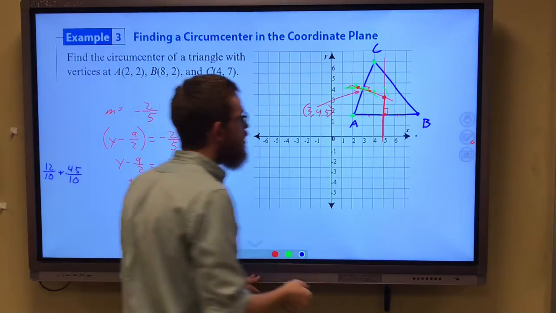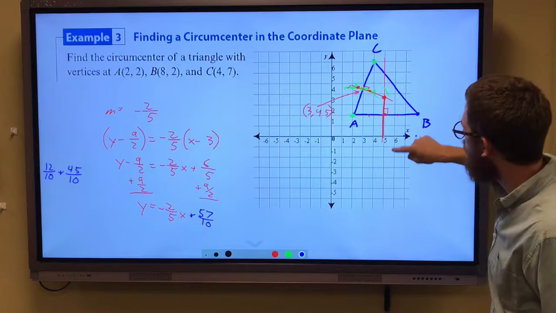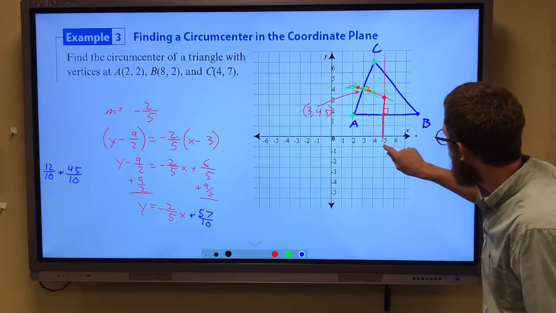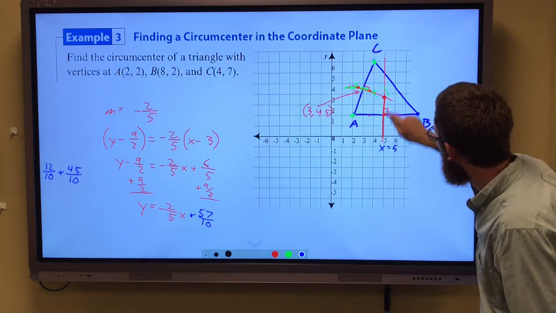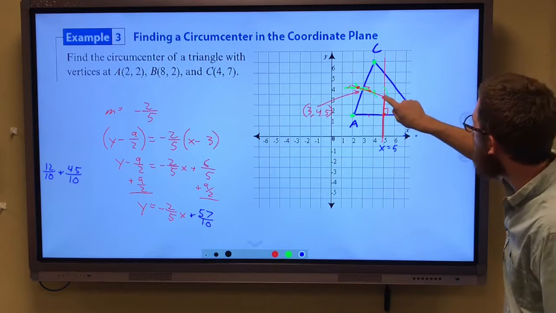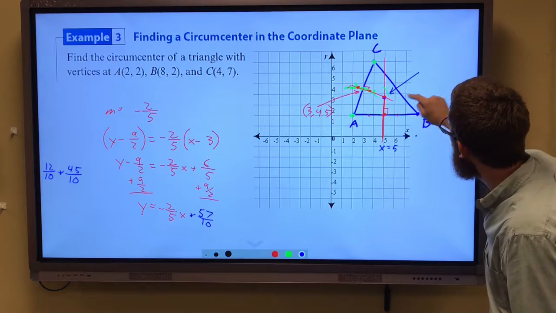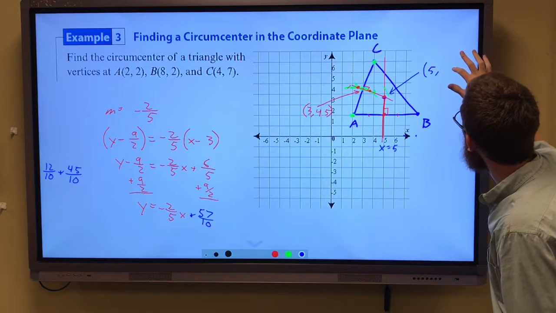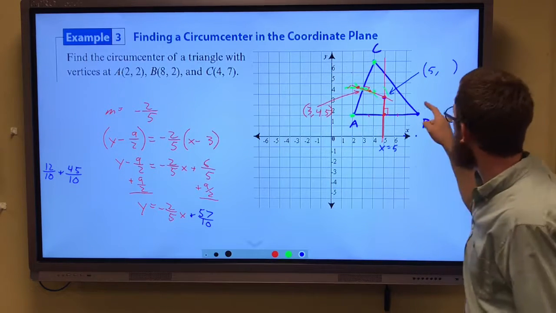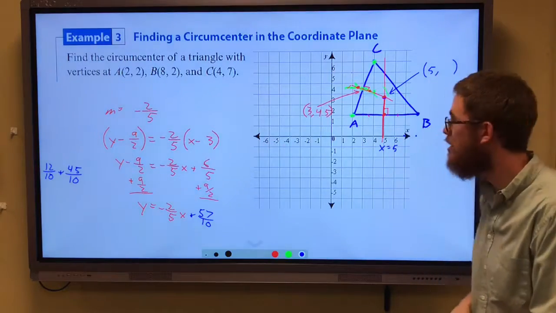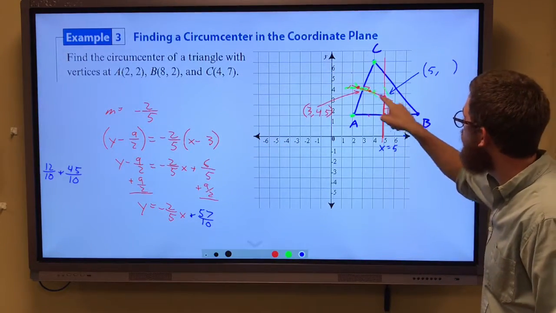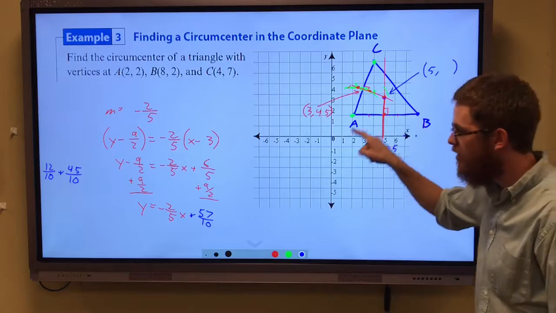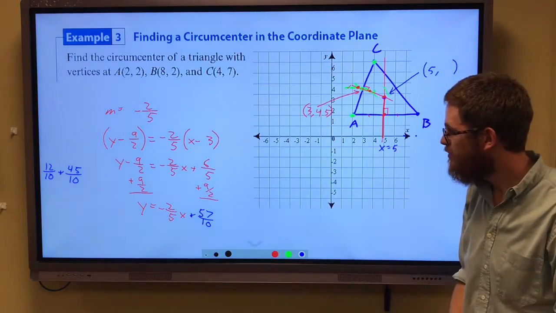And we already know what the x coordinate of this is going to be. This is a vertical line going through 5. We just need to know what the y coordinate is going to be. And we're trying to find that point that is our circumcenter. The x coordinate is 5. We're trying to find the y coordinate. So I'm going to plug in a 5 to this equation to find out what y is going to be when the x value on this line is 5.